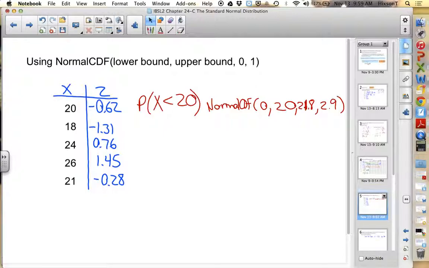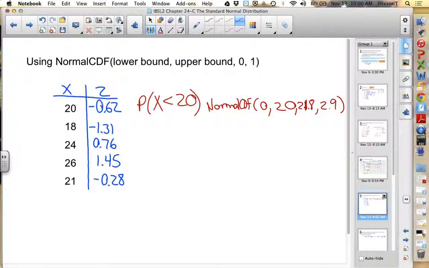While this will give us the right answer, we could translate this: if I'm looking for the probability that a random variable is less than 20, I'm really finding the probability that the z is less than a negative 0.62. And the nice thing is when I do the normal CDF on the calculator, remember my units are standard deviations.